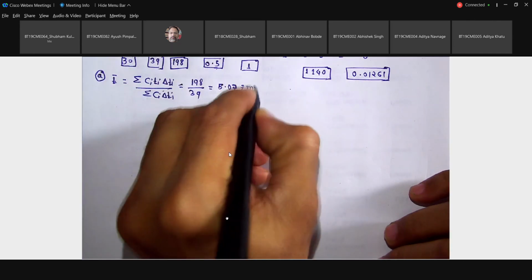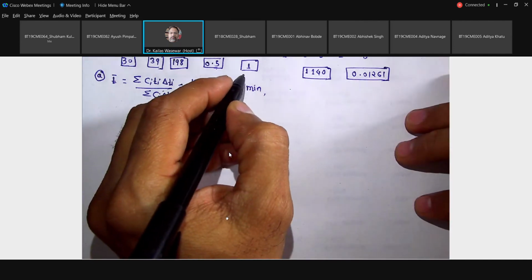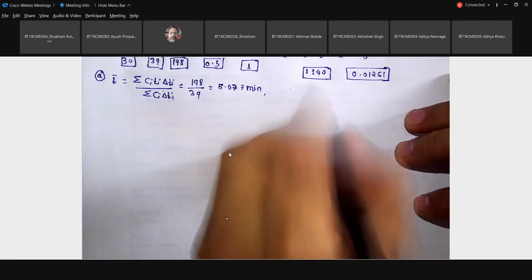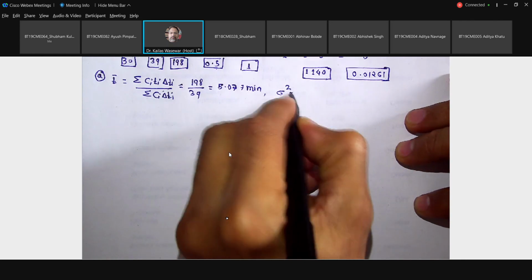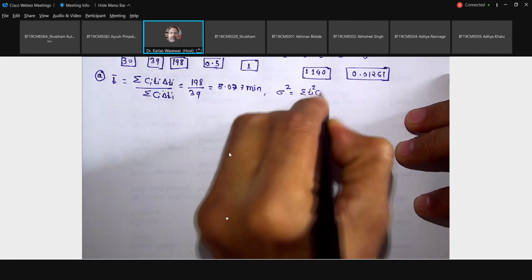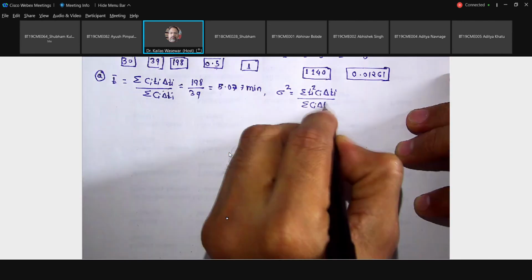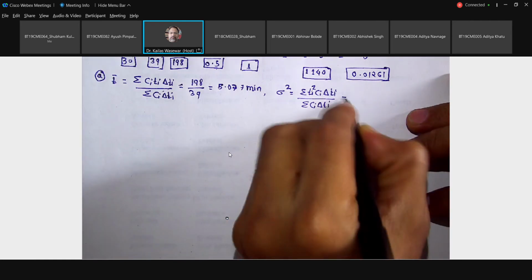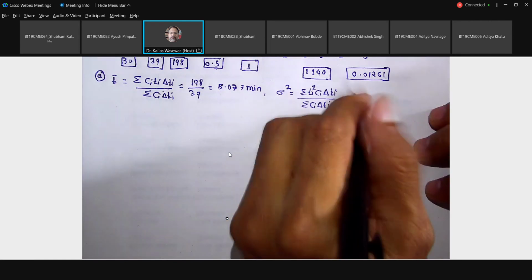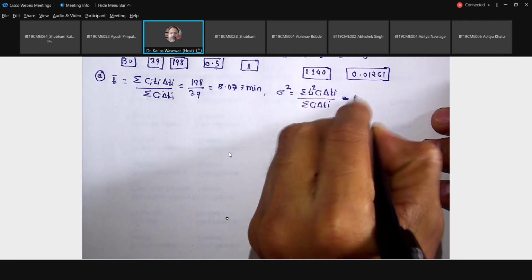Then variance is mentioned. Variance, we can get it Ti square Ci delta Ti, summation of Ci delta Ti. Even if you can use the E also, no problem, but value will be same, minus T square.